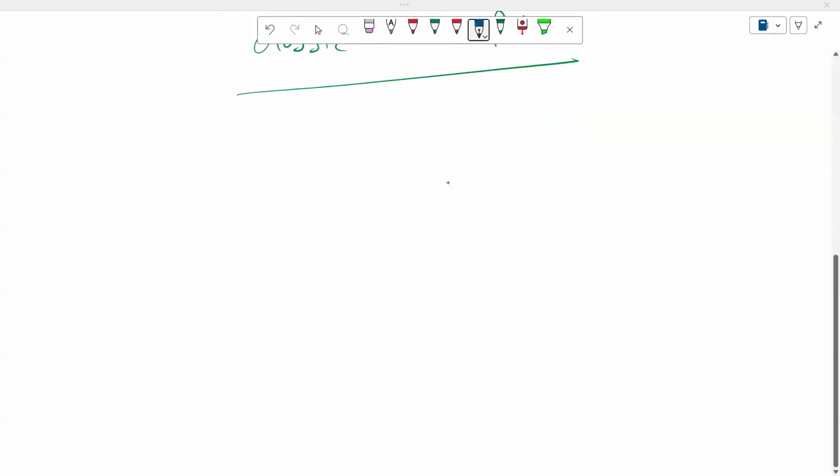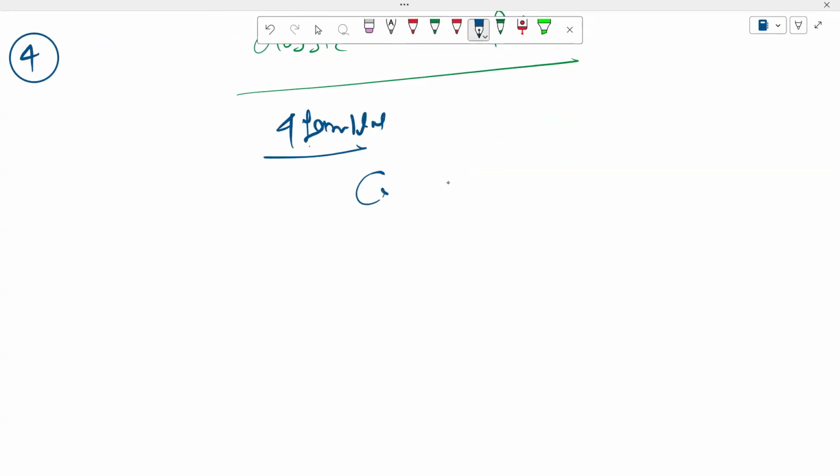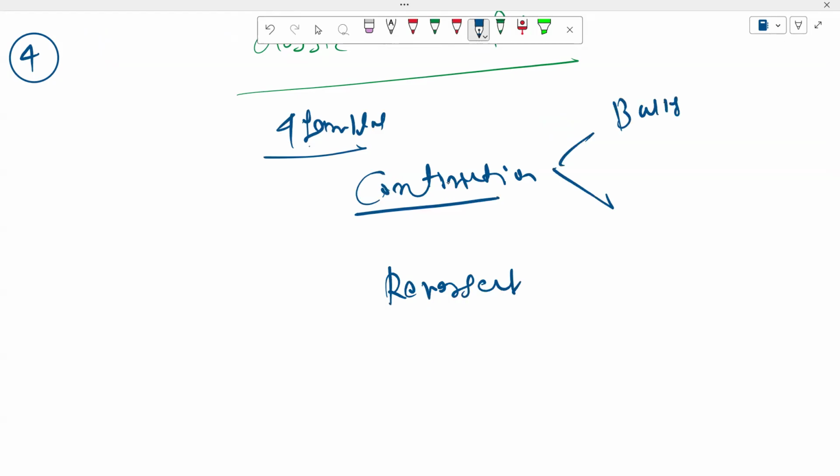Okay, so like Japanese candlestick chart patterns have four families, remember, classic chart patterns also have four families. You can classify any classic chart pattern in these four families. What are these? First one is the continuation, and second is the reversal pattern. In continuation we have two: bullish continuation or bearish continuation.